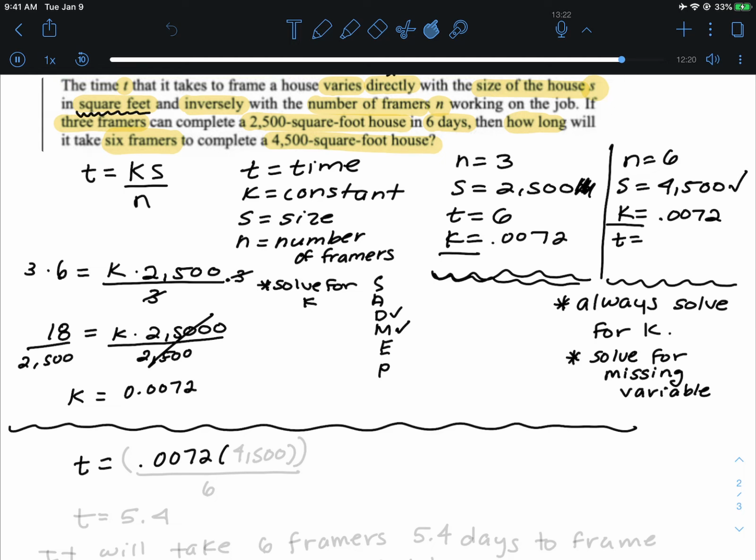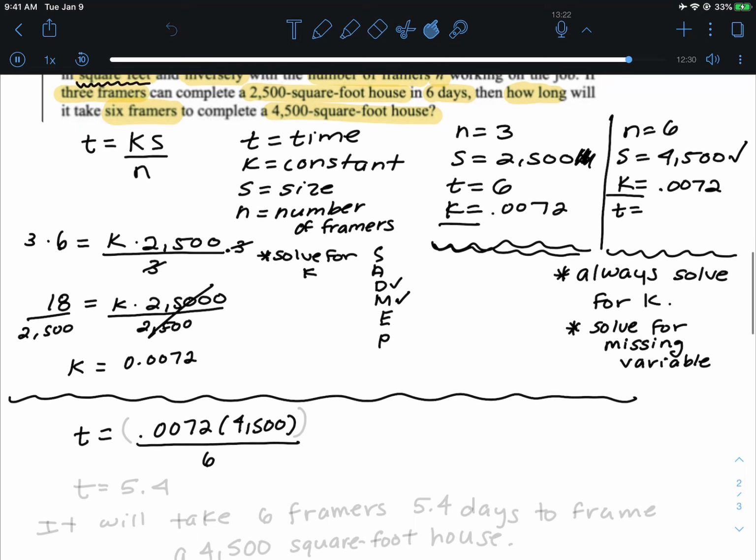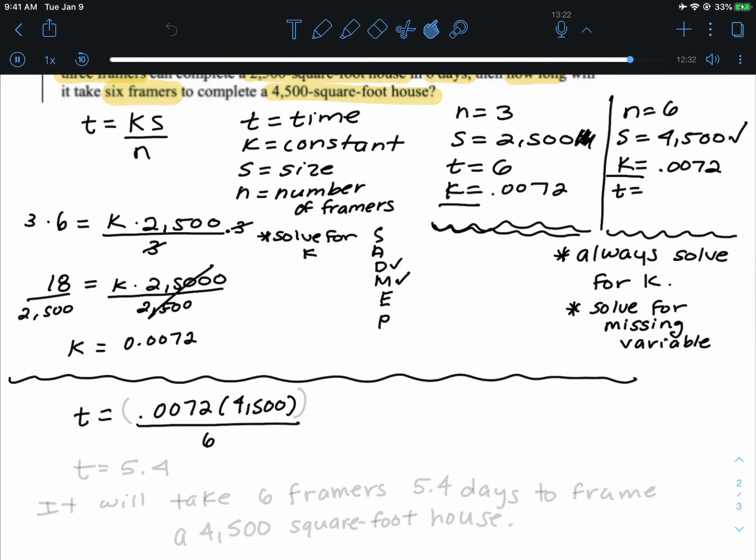The s now is 4,500 divided by n. Well, what's n? n is 6. Okay, so you can put all of this in your calculator. If you're going to do that, make sure to put parentheses on the numerator, and then t is going to equal 5.4.